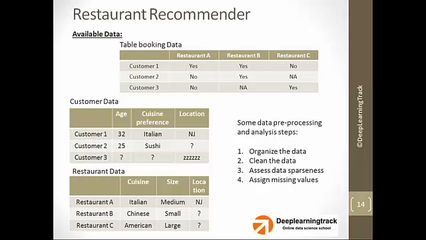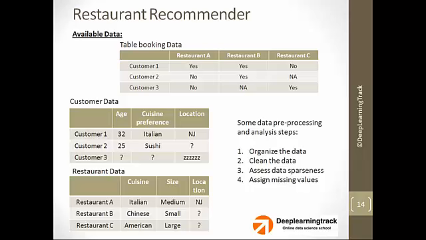So till now we have defined a business objective. Now it's time to look at the existing data. What kind of data is available to the aggregator? The data available could be table booking data, as you can see from the table on the top.